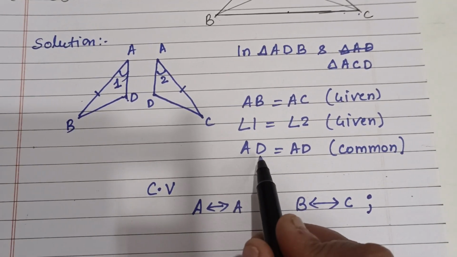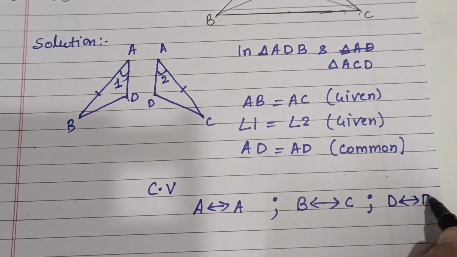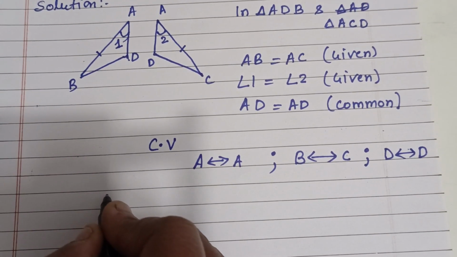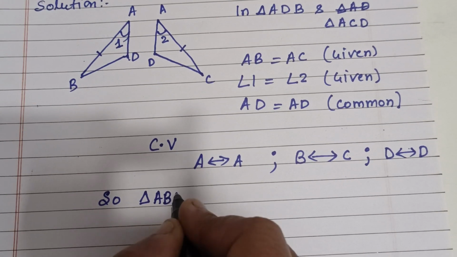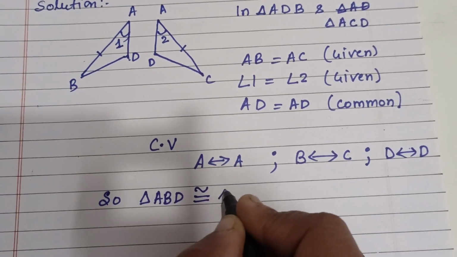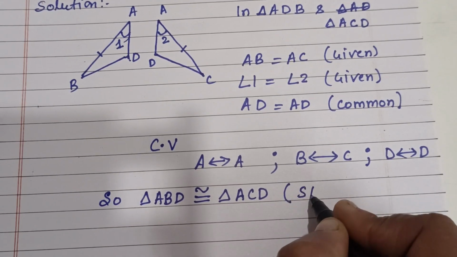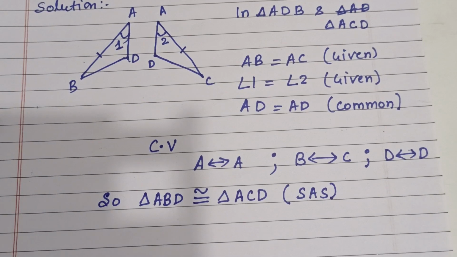D corresponds to D. Now write down the result in symbolic form. So triangle ABD will be congruent to triangle ACD by SAS. This is the first thing that I have proved.